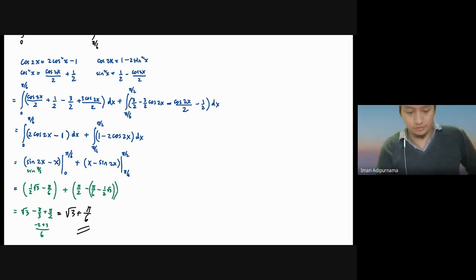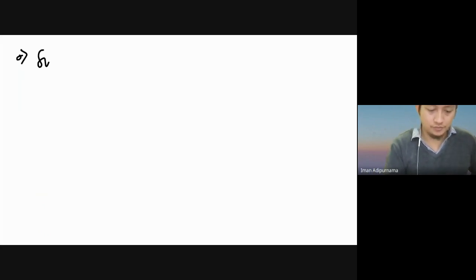Okay, I think we can move to the next session. I think I can give you an example on the surface area. Yeah, I think I forgot to mention last time. So, example on the surface area. Let me write the question first.